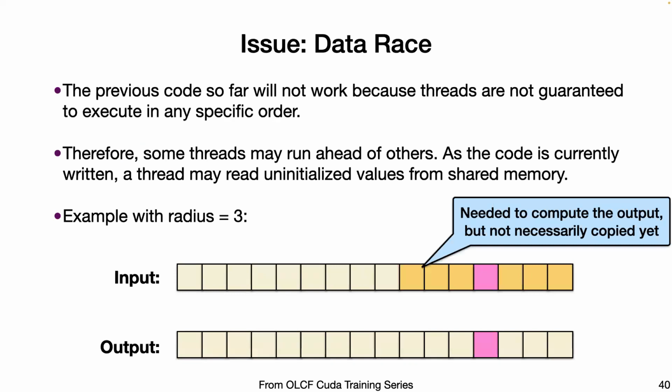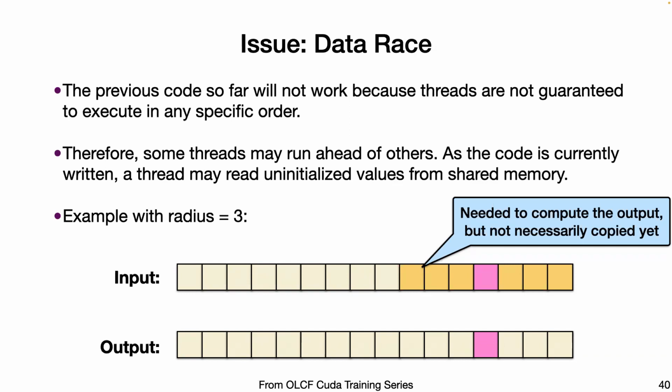There is some issue with this, which is that the previous code doesn't work exactly because the threads are not guaranteed to execute in any specific order. The first step was to copy the memory, and the second step is to compute the stencil, but you need all the memory to be copied before you compute the stencil. If some threads are faster than others, you're not guaranteed that the memory is there before other threads start the stencil.